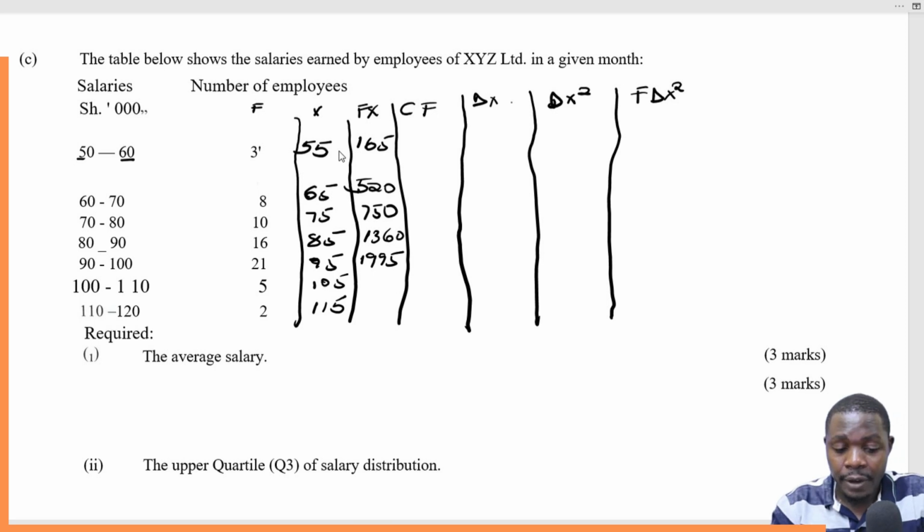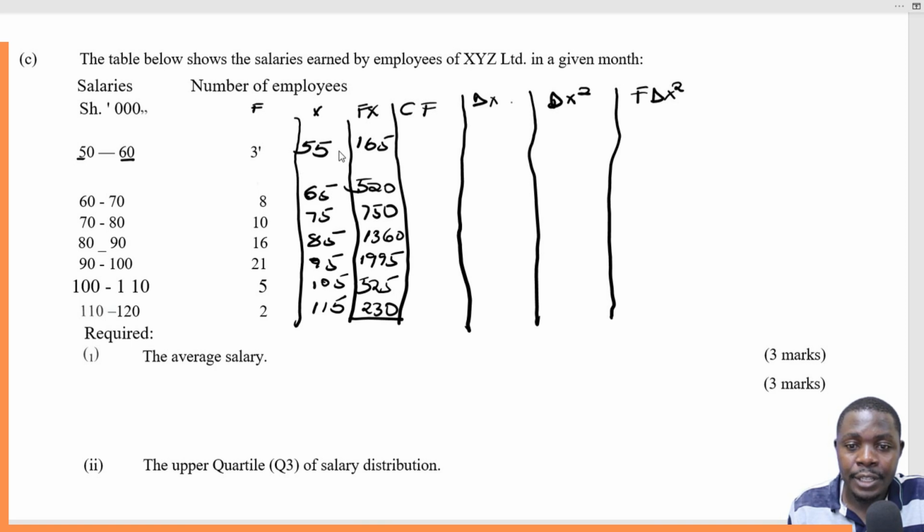Then 5 multiplied by 105, we get 525. Then lastly 2 multiplied by 115, you get 230. We have here 230.